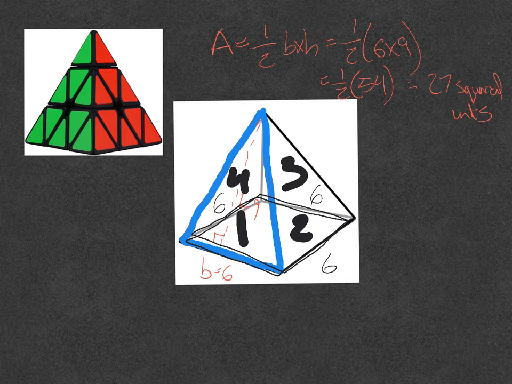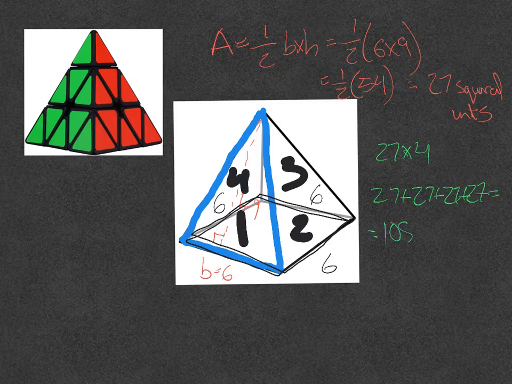So we can take this 27 square units and multiply it by 4, or we can go 27 add 27 add 27 add 27. When we take 27 times 4, we get 108 square units.